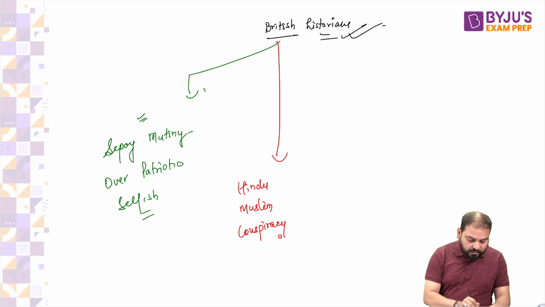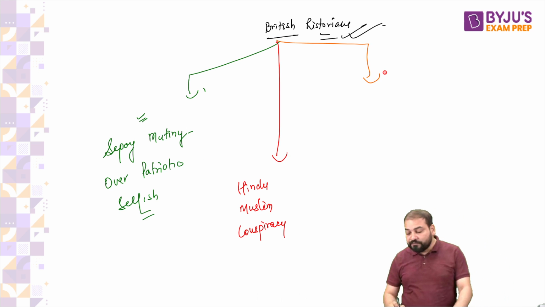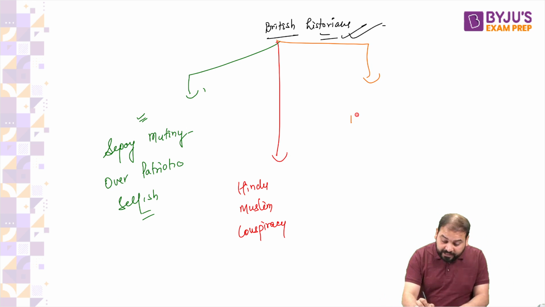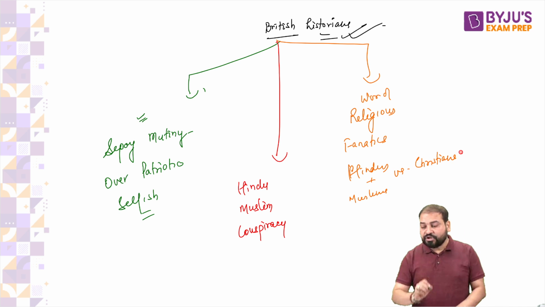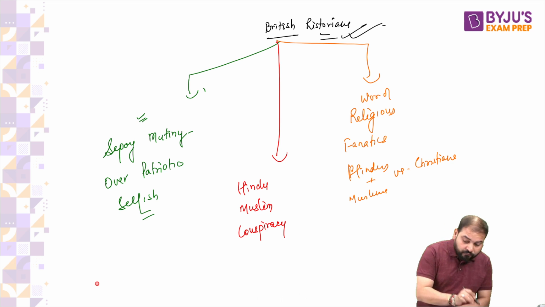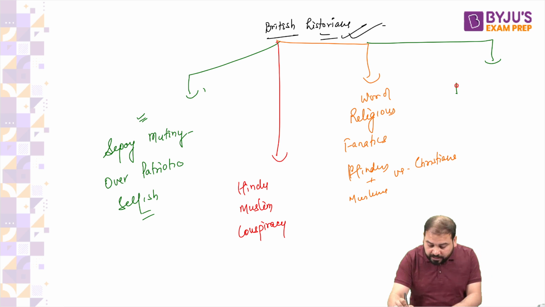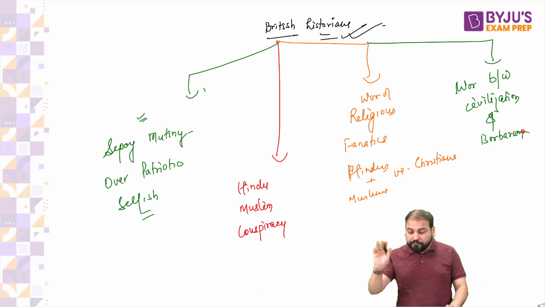Similarly, somebody said this is a war of religious fanatics: Hindus plus Muslims fighting against the Christians. Another person said this is nothing but a war between civilization and barbarism.